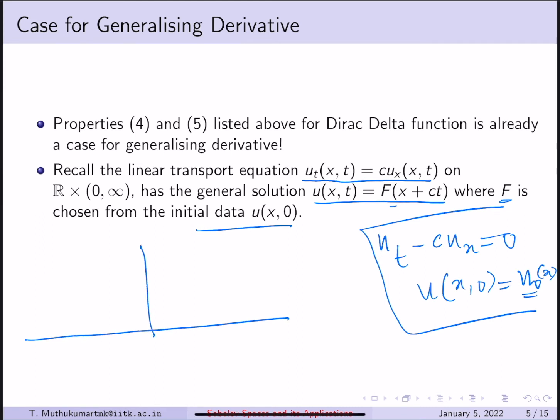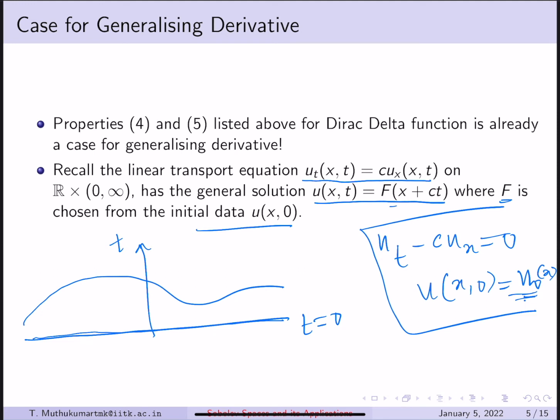So if you know this theory, you would know that the linear transport equation tells you the following. If this is the time t equal to 0 line, this is the time variable, this is the x-axis, then at time t equal to 0 you are given u naught, so you have some graph lying above this line.